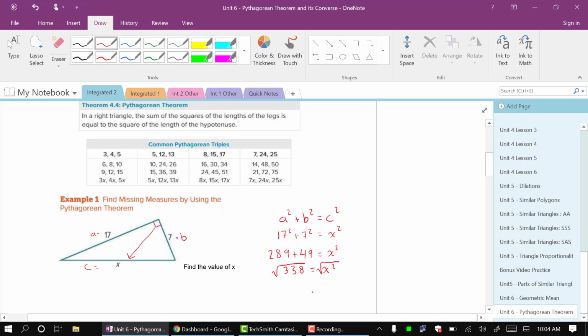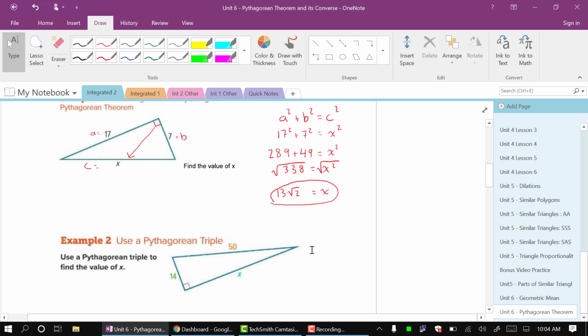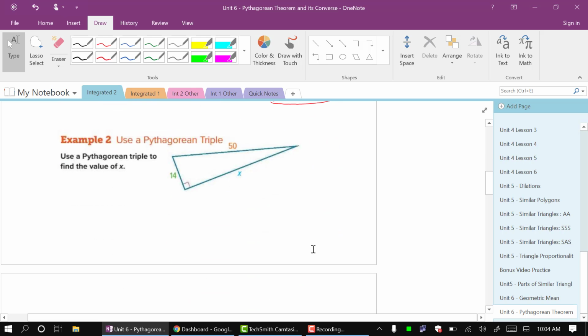Square root of X squared is just going to be X. Square root of 338, well, it's going to be 13 root 2 because 13 times 13 is 169. So 338 is 169 times 2. And that would be our final answer. If we wanted to get a more approximate answer, we could just take the square root of 2 and times it by 13. That would work.